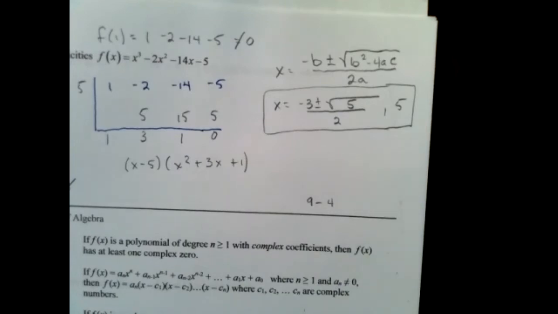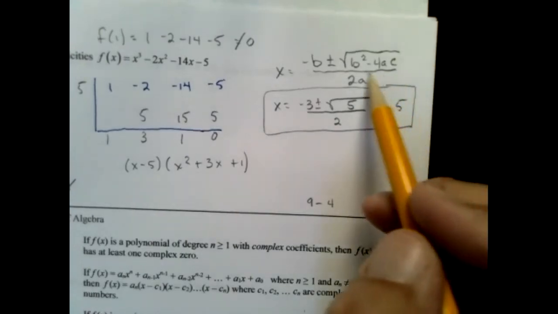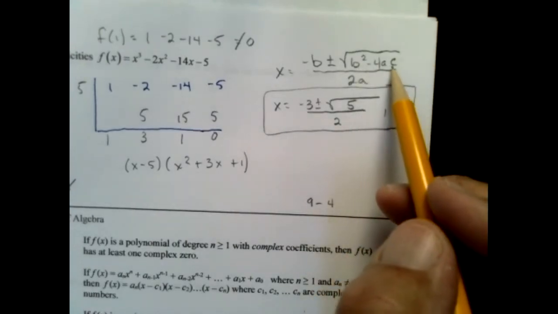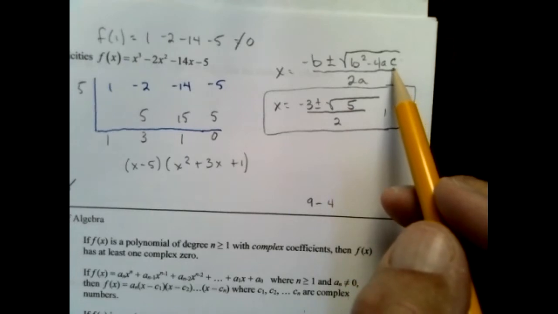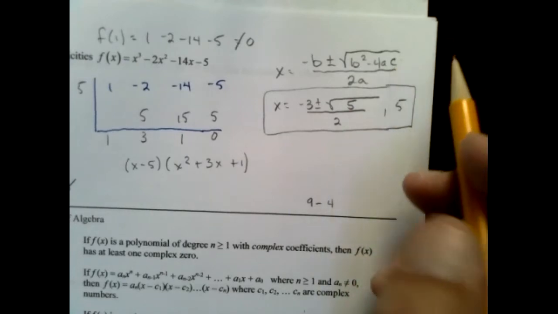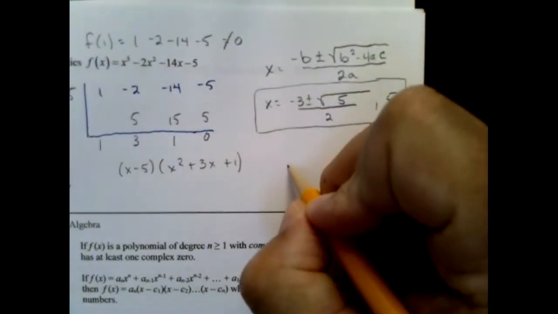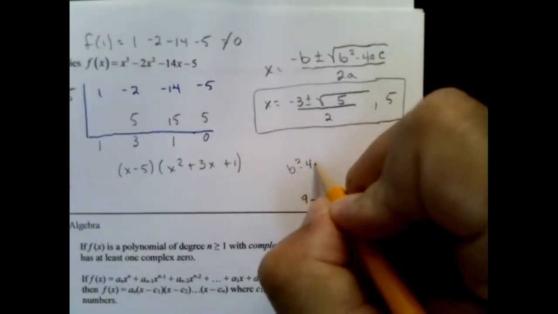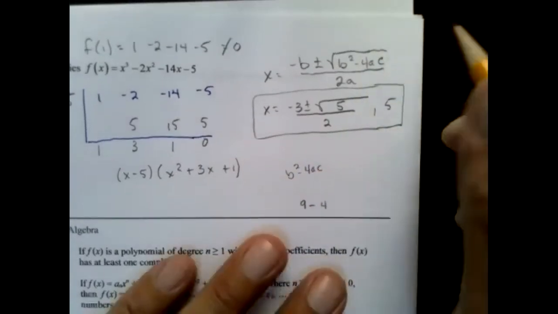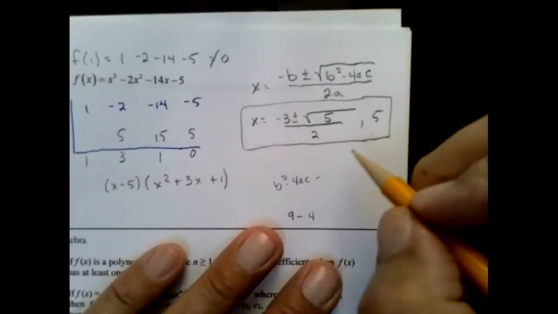So again, we're tying in something else we've learned from way back. Wordle. What is b squared minus 4ac called? 10 letters. Little quickie review. What was my b squared minus 4ac called? 10 letters.